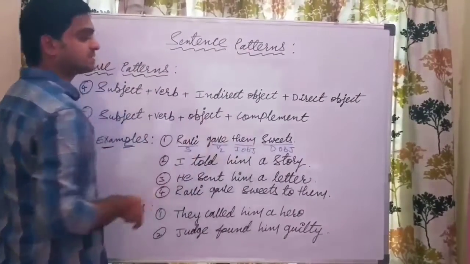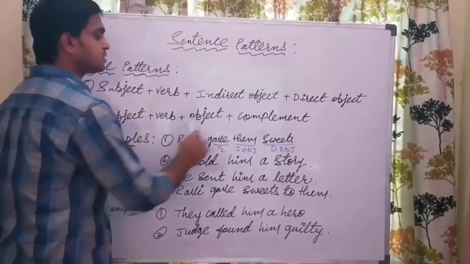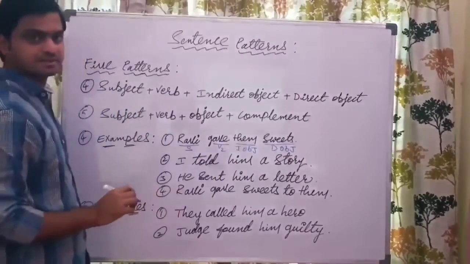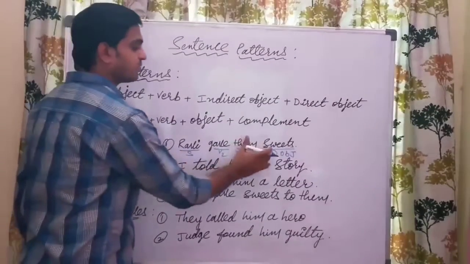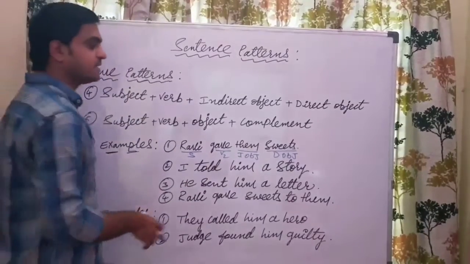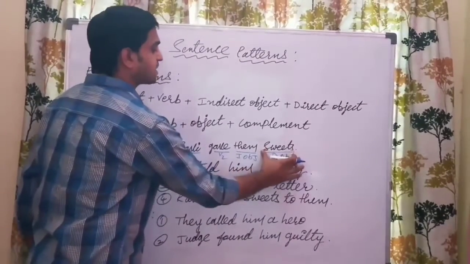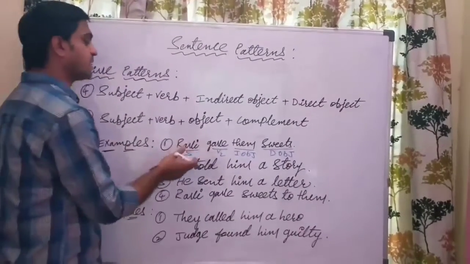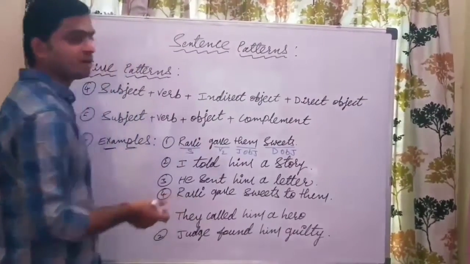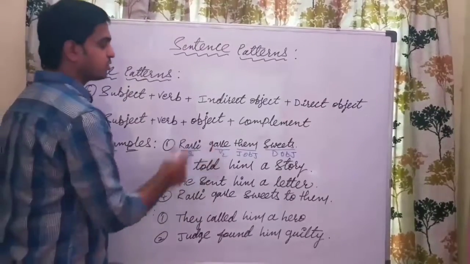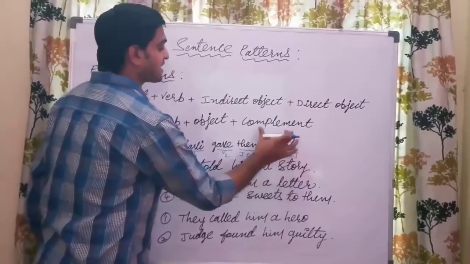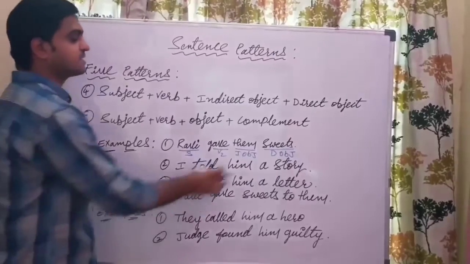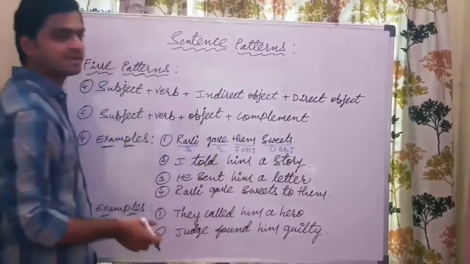Direct object, in the sense, is compulsory; it gives the proper meaning of the given sentence. Suppose if you remove the direct object from the given sentence, there is no proper meaning. It will become Ravi gave them. But what he gave them, we don't know. So that's why the direct object is compulsory in a given sentence, whereas the indirect object is temporary.